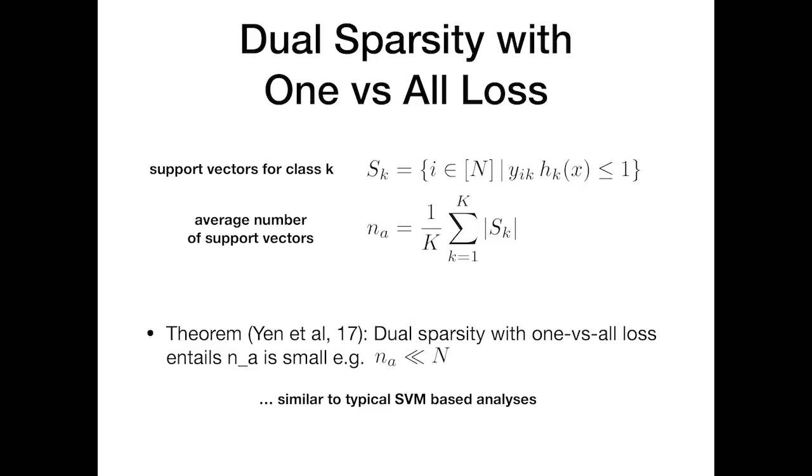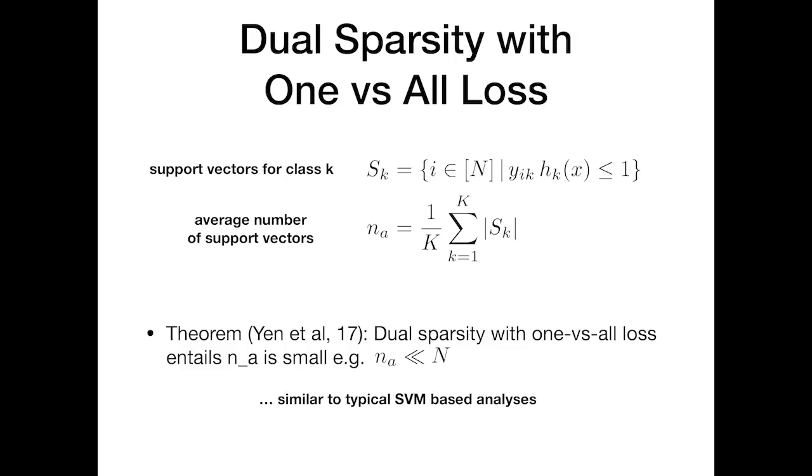These are essentially the support vectors for the hyperplane of the kth class. You can now compute the average number of support vectors, the average of sk over the capital K classes. And you can also show that dual sparsity with the one versus all loss entails that this average is small. The average number of support vectors is small.